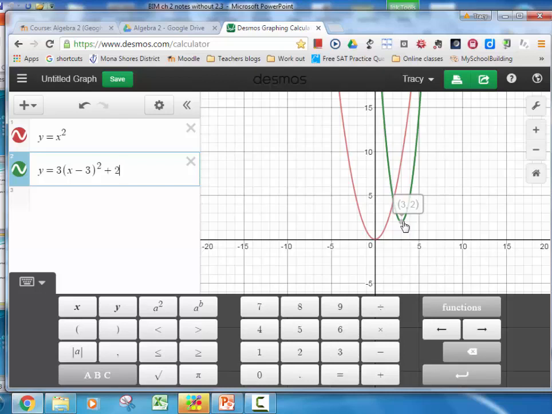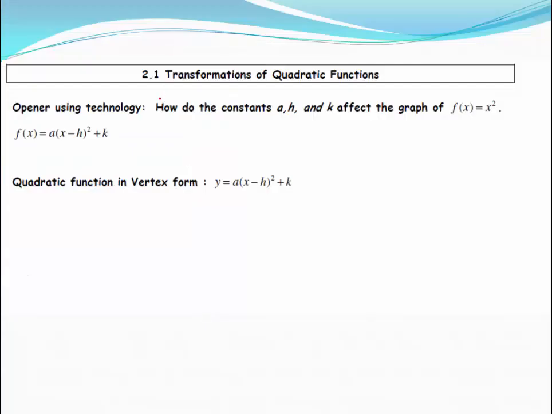So notice how the transformation occurs. And it's all based on this A out in front, this H here, and this K at the end. Notice that on our Desmos exploration, the numbers, which are constant here, here, and here, are going to alter or translate our quadratic function.